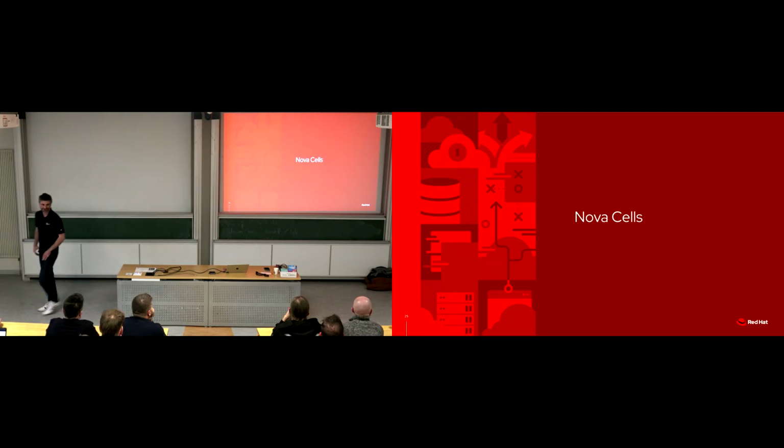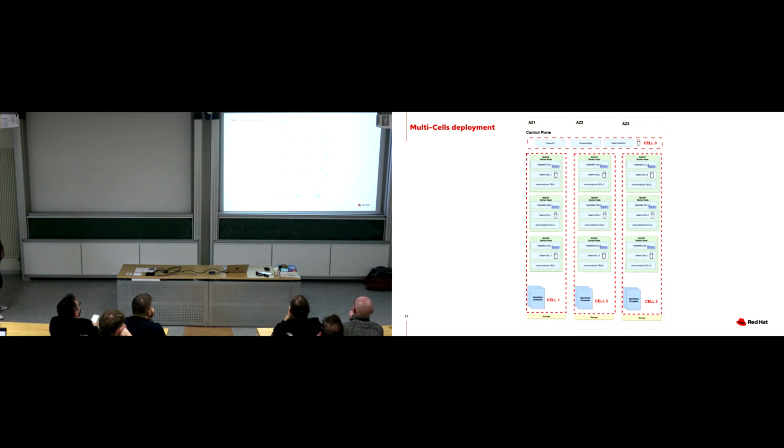So I will introduce Nova cells. In case of large deployments of OpenStack, we can divide compute nodes into different groups, which we call cells. Each cell will have a dedicated RabbitMQ cluster and a dedicated Galera cluster and specific compute services related to the cell.